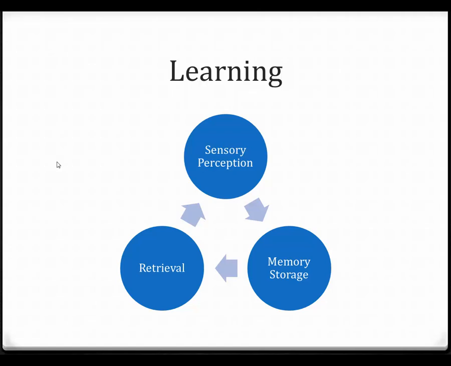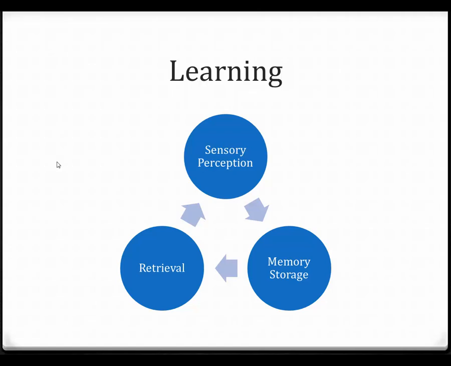This is a visual of how learning takes place. So the first thing that we look at is the sensory perception. So that means seeing, touching, hearing, smelling, tasting. All of those things, that's the first thing that a child needs to do in order for the learning process to happen.